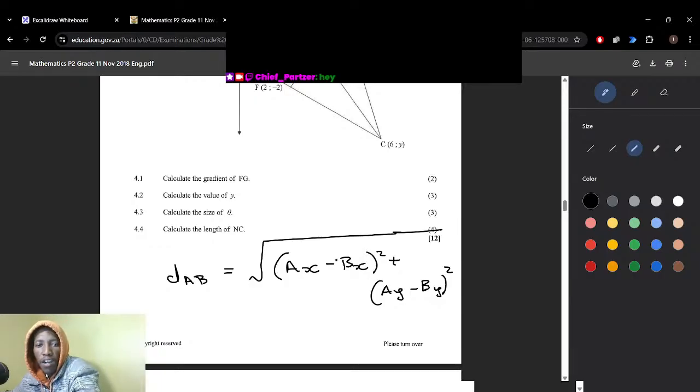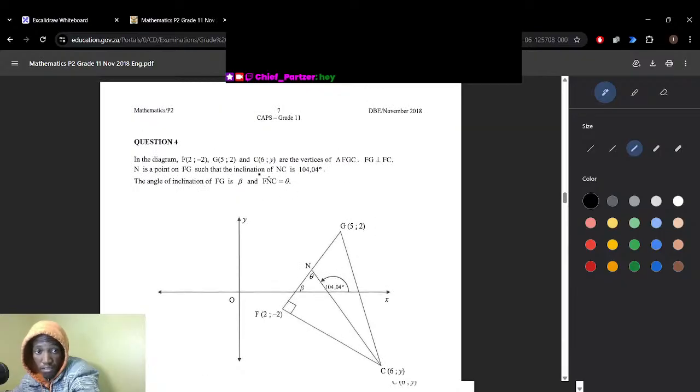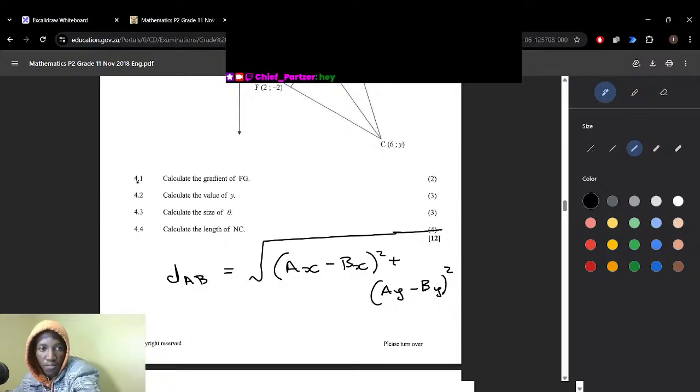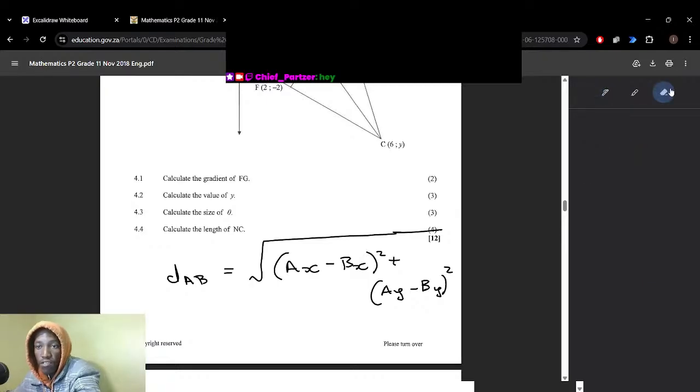So I hope you have understood all this blabbering I've been doing, from calculating the gradient of FG to calculating the length of NC. If you have really not understood, just repeat the video and go back.